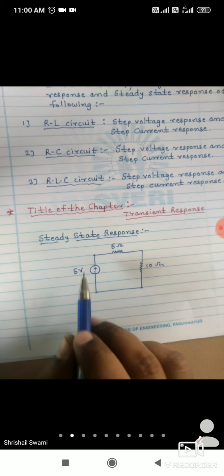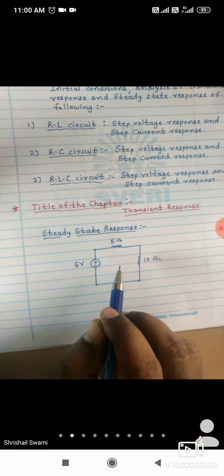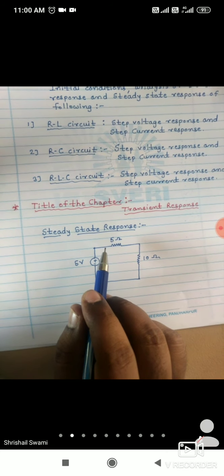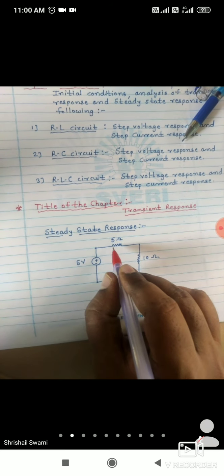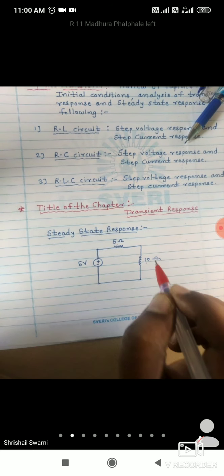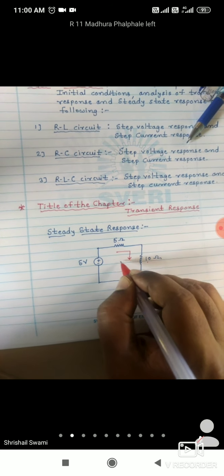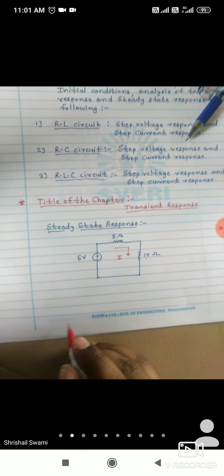When we apply a constant voltage source to this circuit, consisting of 5 ohm and 10 ohm resistors connected in series, what will be the response here? The response may be the voltage across 5 ohm, the voltage across 10 ohm, or the total current. That is also one of the responses. So what is the answer for I here?